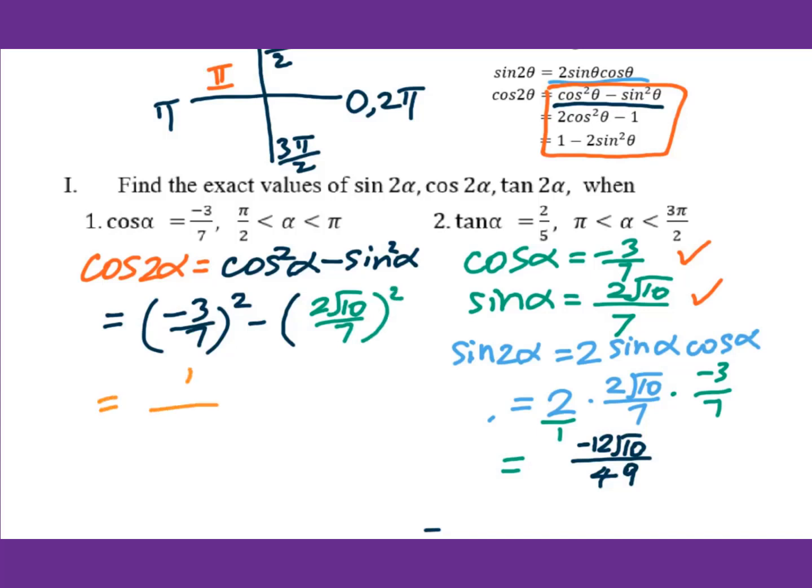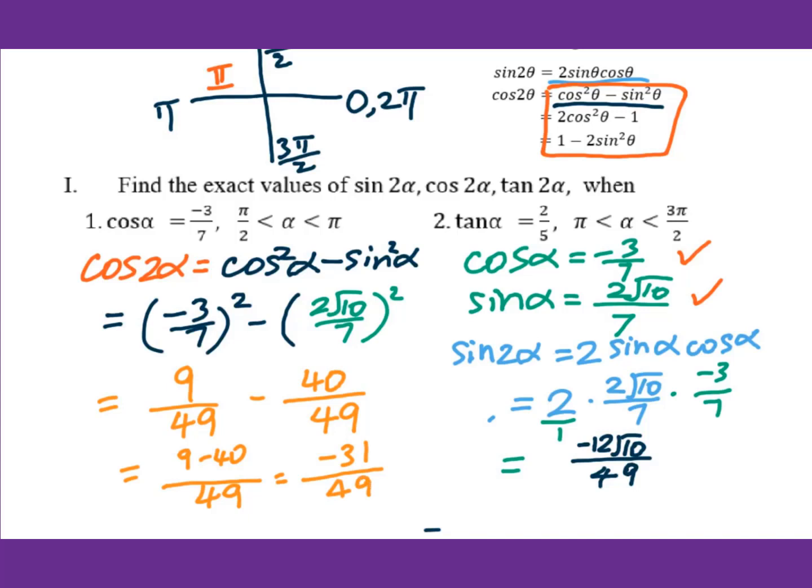So we get 9 over 49 minus, with 49 as denominator, 2 squared is 4 times 10, that's 40. So we get 9 minus 40 over 49, that's negative 31 over 49.